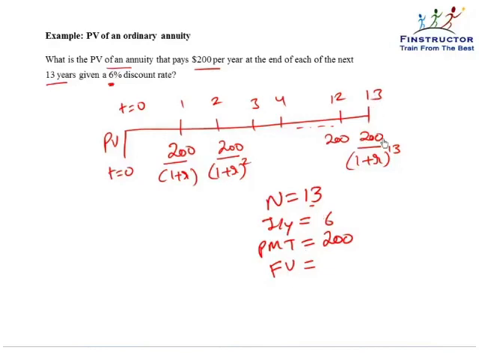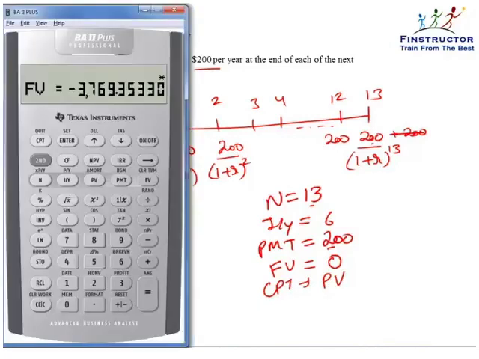I'm getting $200, but please note that I've already told the calculator about this 200 when I entered PMT and N as 13. The calculator knows that there are 13 payments of 200 coming. So if you enter 200 again, it will assume there is 200 plus 200 coming, which is not the case. So do not enter FV as 200, enter it as 0. And then press the compute button and PV to get to your present value.